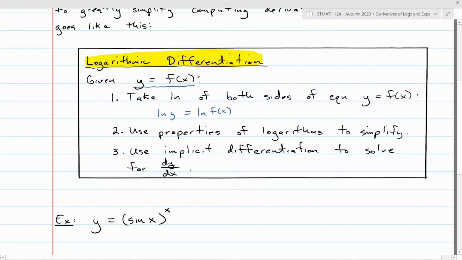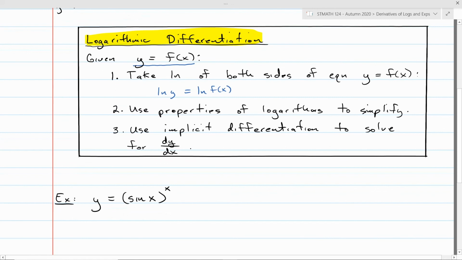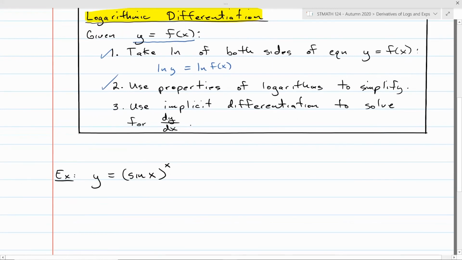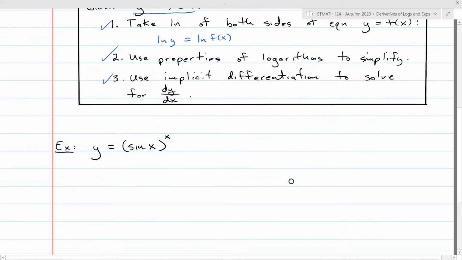It'll bring down exponents and get rid of radicals and things of that nature for you, which makes it simpler to differentiate. Step 2 is you use what you know about logarithms to simplify the expression on the right. And then the last step is to use implicit differentiation to figure out what your derivative is. We already know how to do implicit differentiation, so we should be good to go.